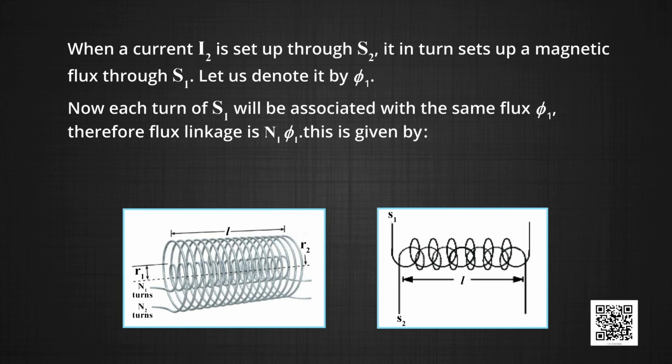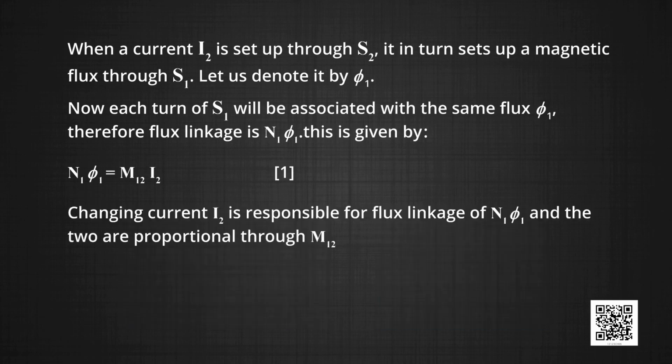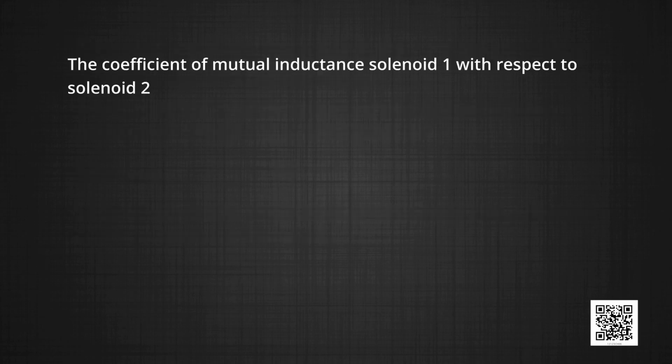Therefore, flux linkage is given by N1 phi1, which is equal to M12 I2. So the changing current I2 is responsible for the flux linkage N1 phi1, and the two are proportional through M12, the coefficient of mutual inductance of solenoid 1 with respect to solenoid 2.